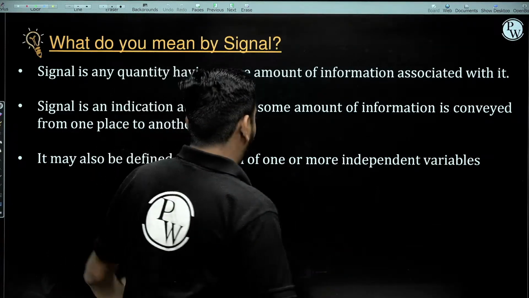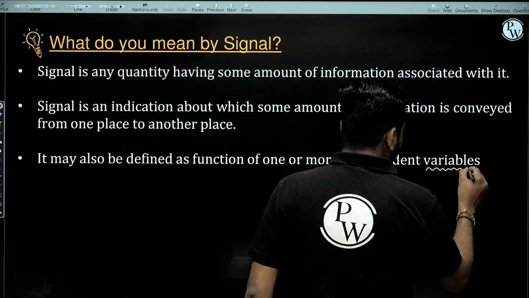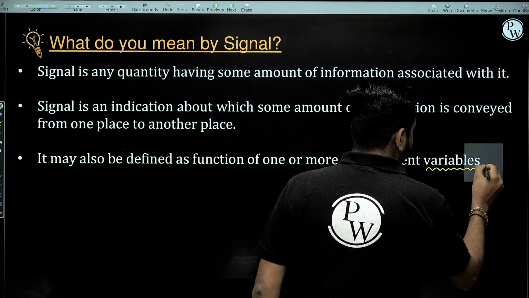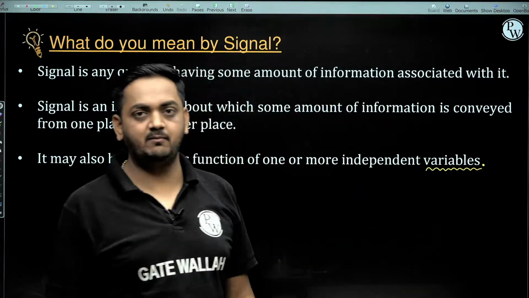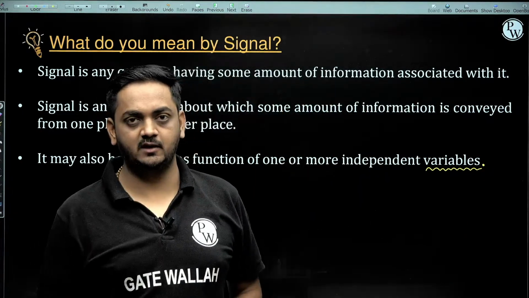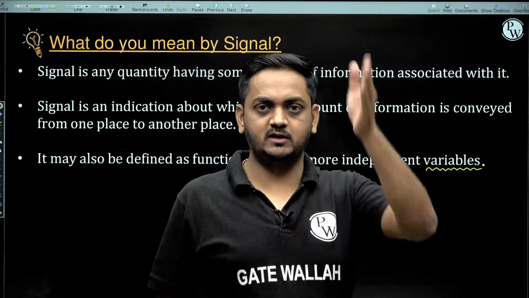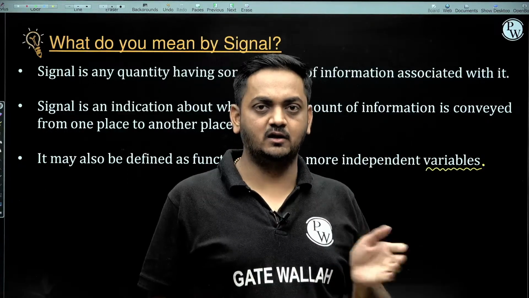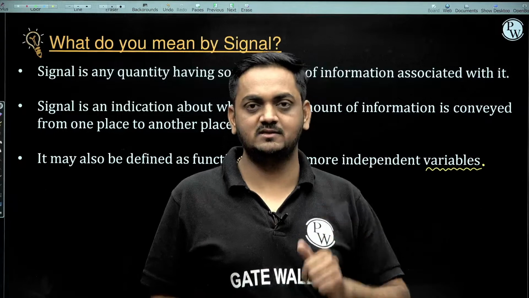Now here variables come in, guys. What do you mean by variable? While defining a signal mathematically, we are considering two types of variables: one variable on the y-axis and another variable on the x-axis. Two-dimensional signal.